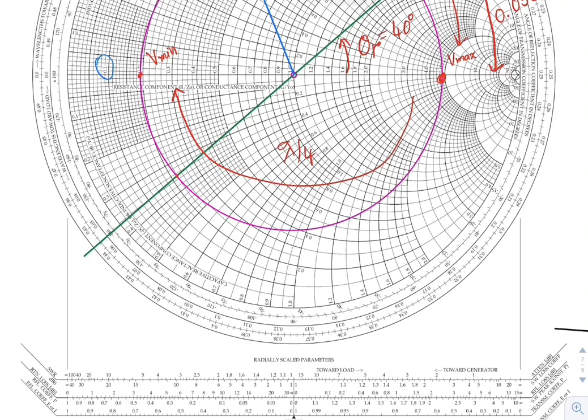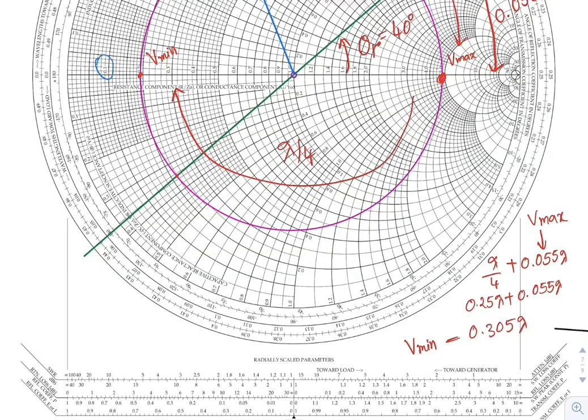Therefore, the minimum value exists at a distance of lambda by 4 plus 0.055 lambda, that is 0.25 lambda plus 0.055 lambda, which gives you 0.305 lambda.